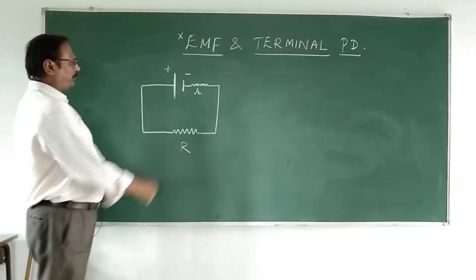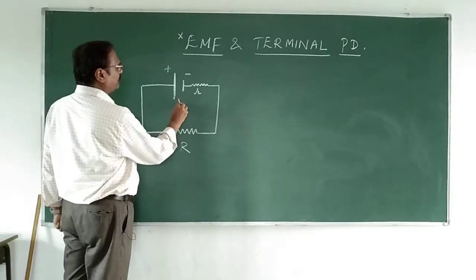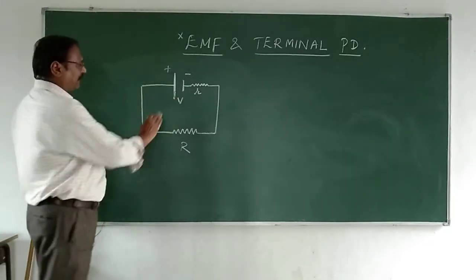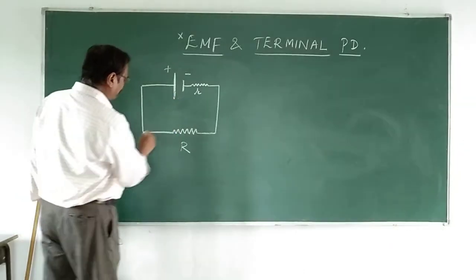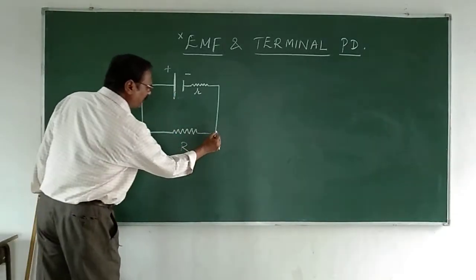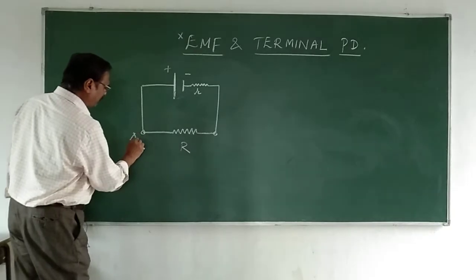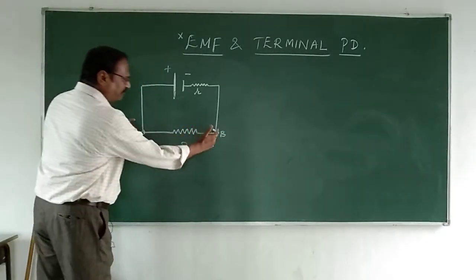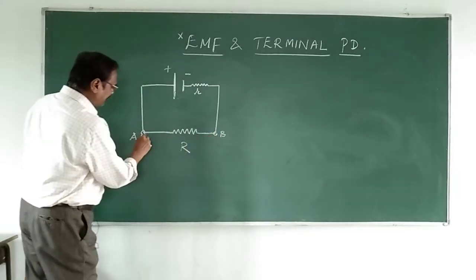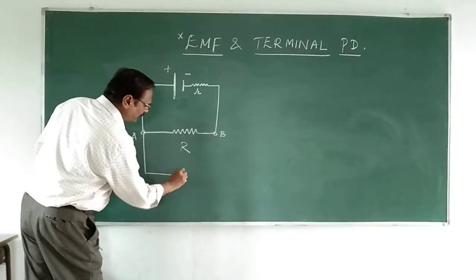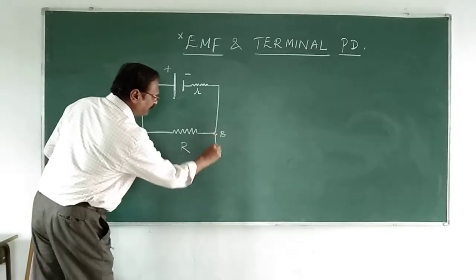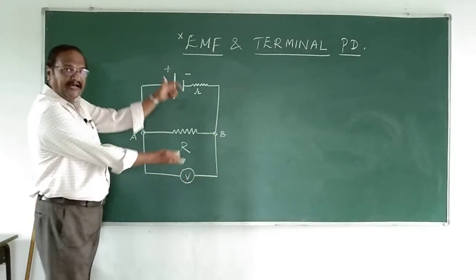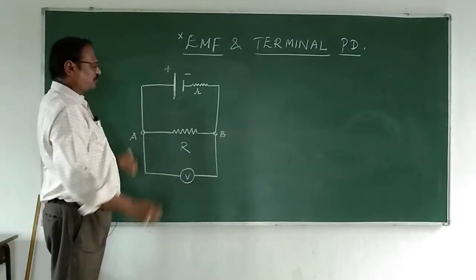I told you the potential difference between the two ends of the cell is V, or I can measure the potential difference between the two ends of the conductor or the resistance. If I take this point as A and this point as B, I measure what is in between using a voltmeter, which is connected in parallel to the resistance.